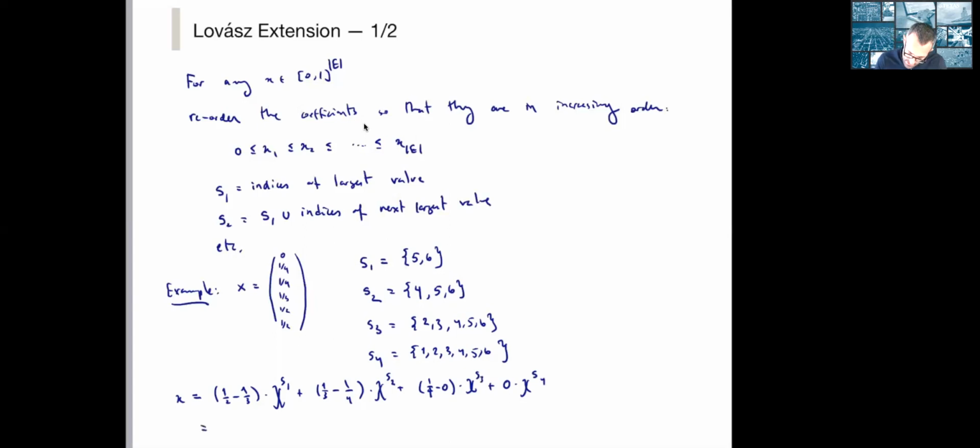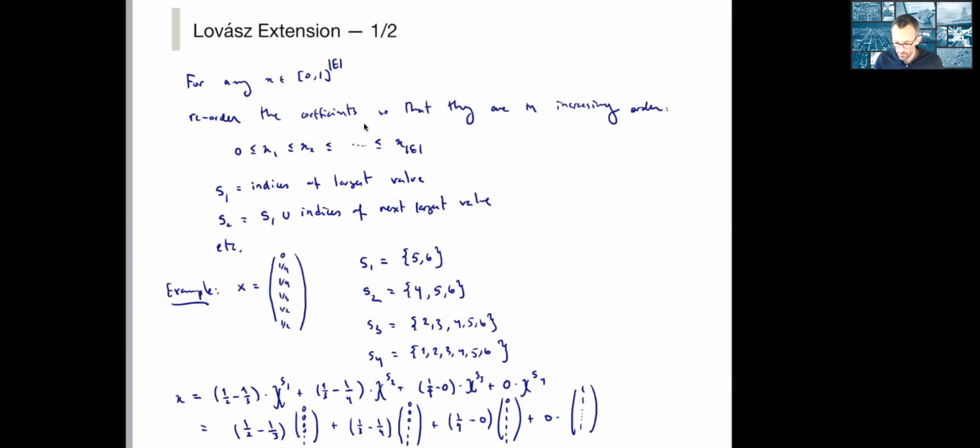And again, this is just (1/2 minus 1/3) times 0, 0, 0, 0, 1, 1, plus, now I'm going to add back that 1/3, (1/3 minus 1/4) times 0, 0, 0, 1, 1, 1. Now I'm going to add back that 1/4 times 0, 1, 1, 1, 1, 1, plus 0 times the all ones vector.